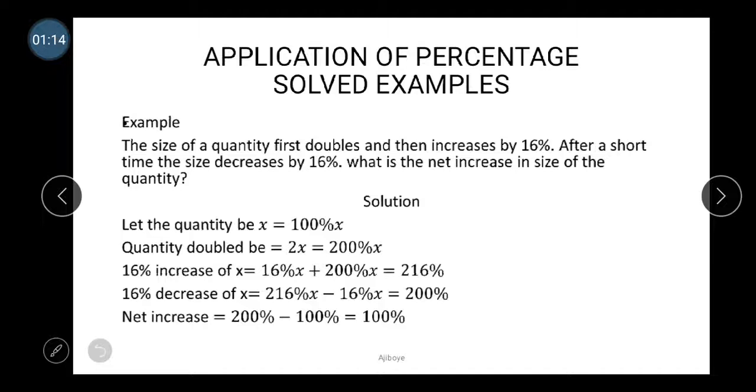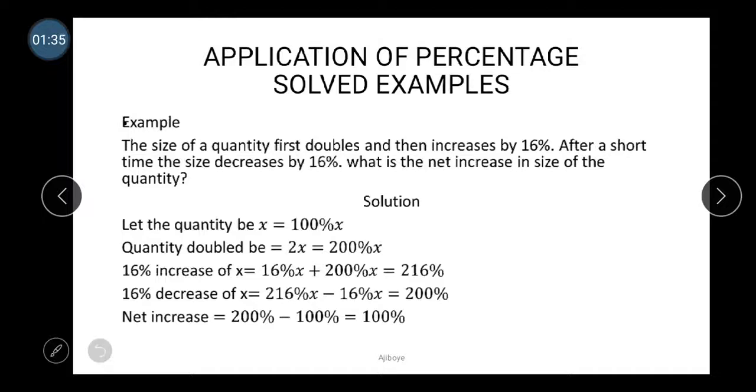The quantity is doubled, which means you multiply it by 2, so 2x is what we get. And 2x in terms of percentage is 200%. Then we're told that there's a 16% increase in x.